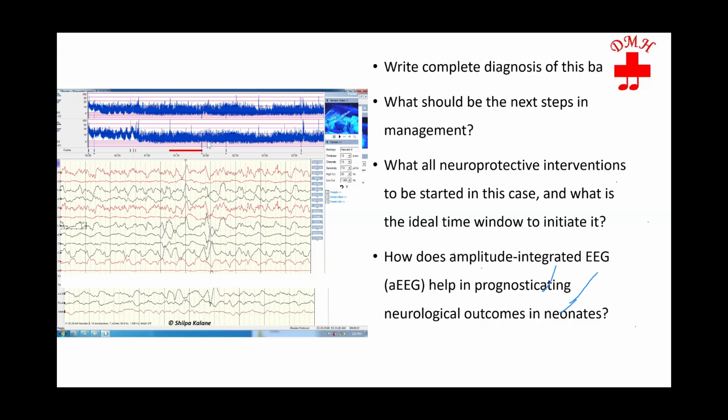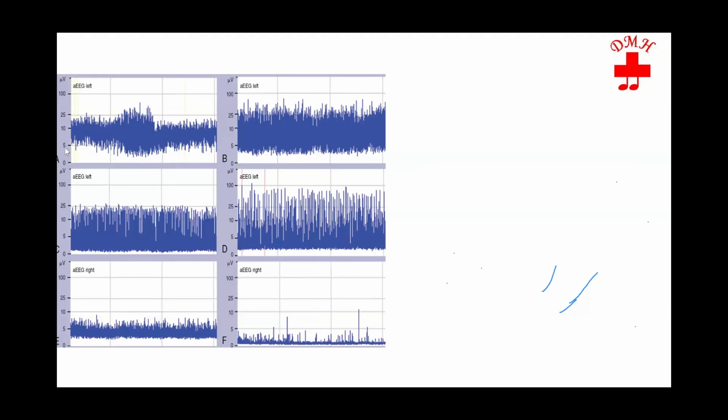So this is amplitude integrated EEG with conventional EEG, right? So how does aEEG help in prognosticating babies with asphyxia? Okay, we'll come back to this slide. But before that, just a few words about aEEG. So what is this first pattern of aEEG? So the left side is voltages, correct?